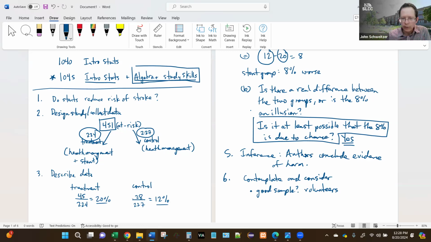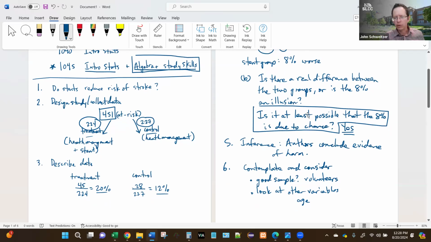Maybe we should look at other variables, right? Maybe things like age. Are these 2 groups similar age, right? Did we get maybe older people in the treatment group somehow and younger people in the control group? We should probably think about things like health status.